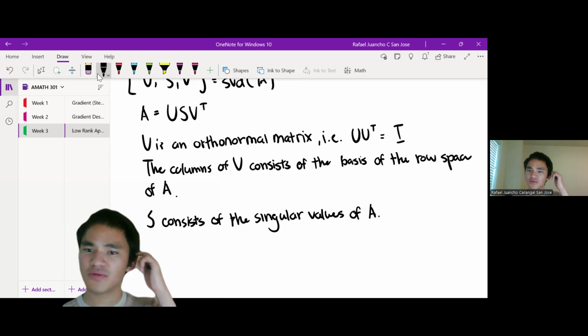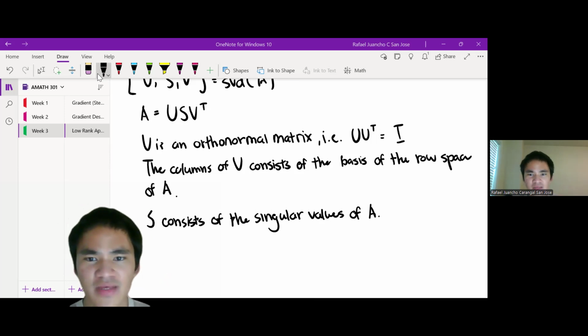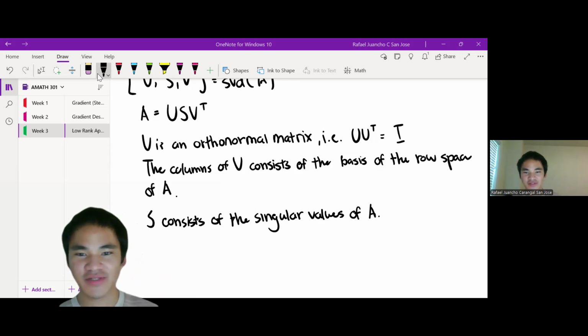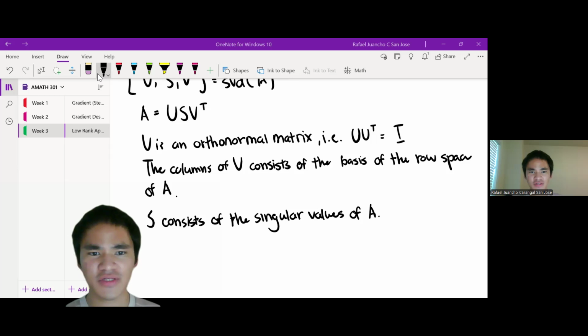What do we mean when we say singular? It's actually a diagonal matrix where the entries are in descending order and show the importance of the respective column and row basis, right?